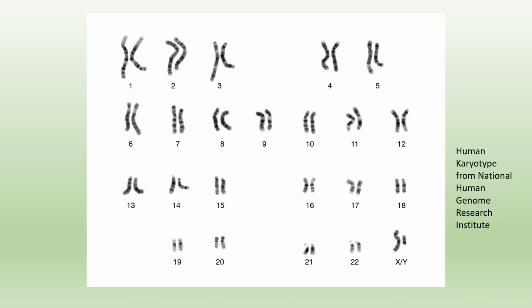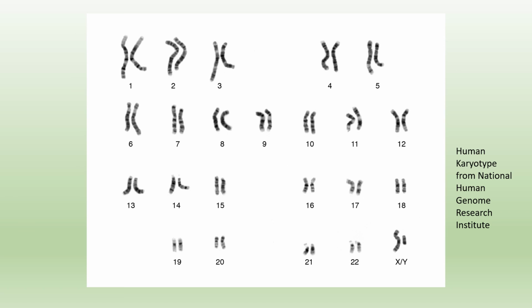So chromosome 9 has the gene that determines your blood type. And there are 3 possible alleles: type A, type B, or type O. You may or may not be familiar with blood types.